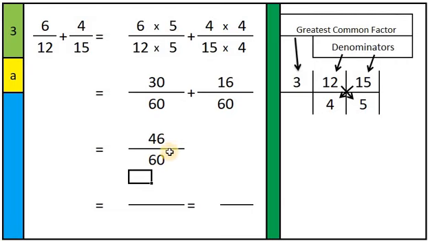We just divide the numerator and denominator by 2. 46 divided by 2 is 23, 60 divided by 2 is 30, and this is the simplest form. This is how we do it.